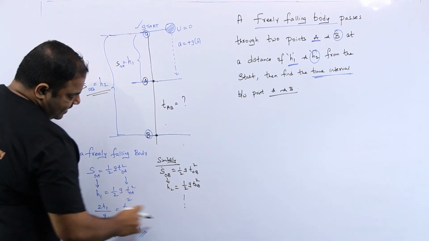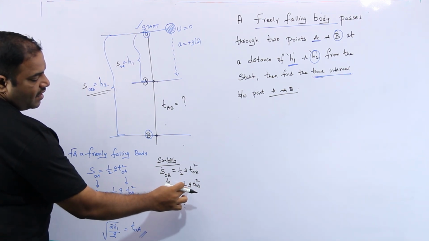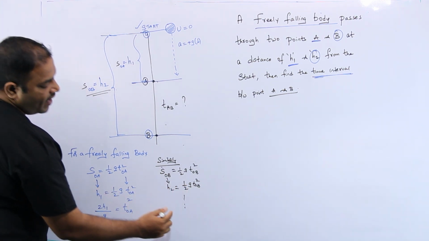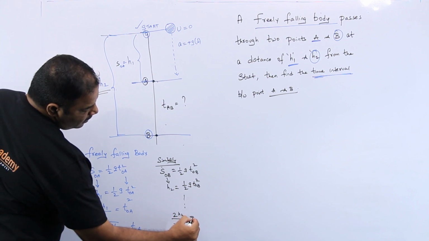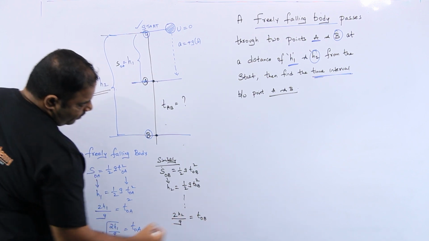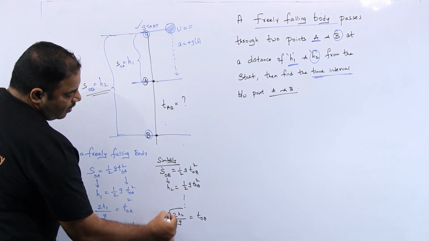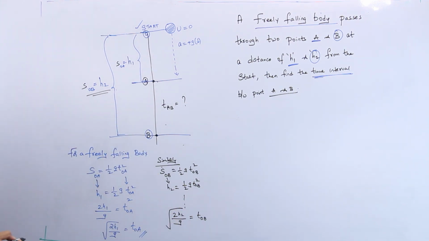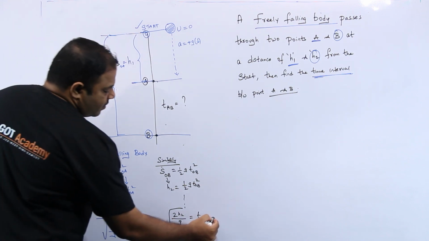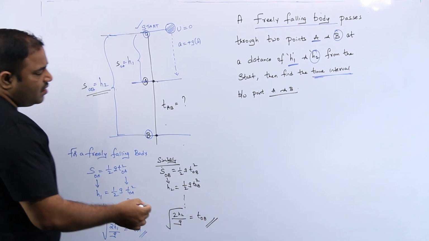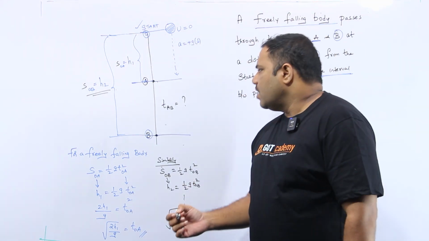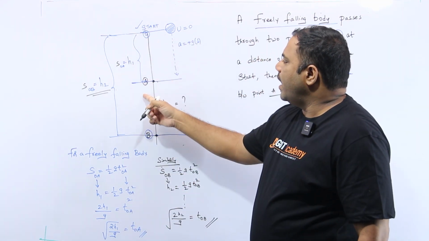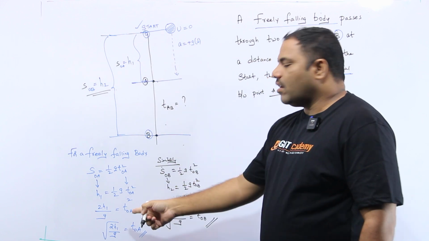By solving in the same fashion, what do you get here? This g by 2 will be moved to the left hand side, and you can write 2h2 by g is equal to TOB whole square, where one more thing is that you have to apply root. Like this you'll get. So both are the same applications. The only thing is that I have taken T1 and T2, or TOA and TOB.